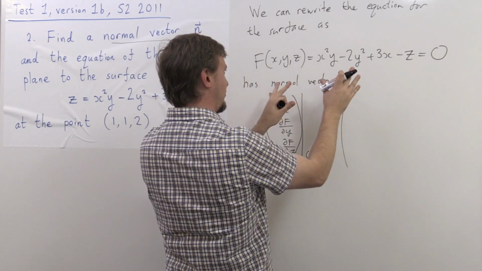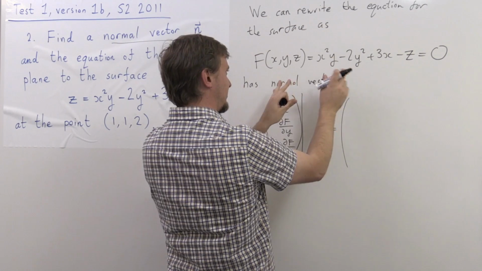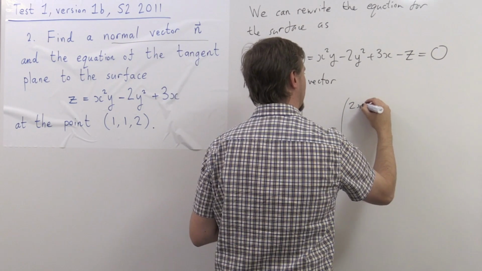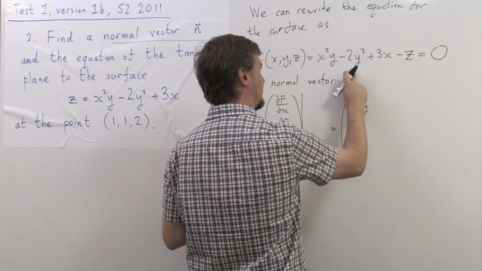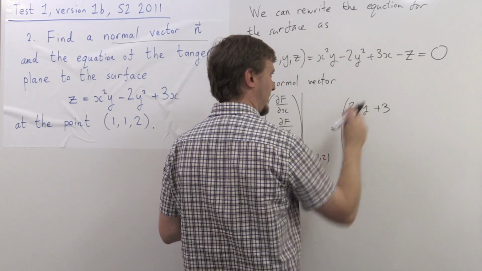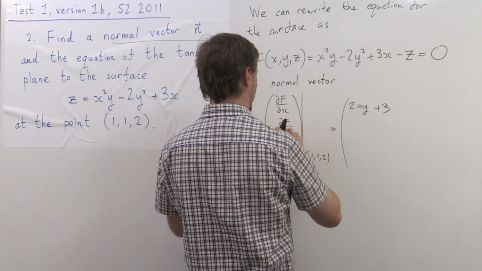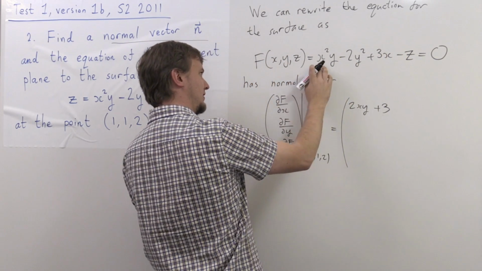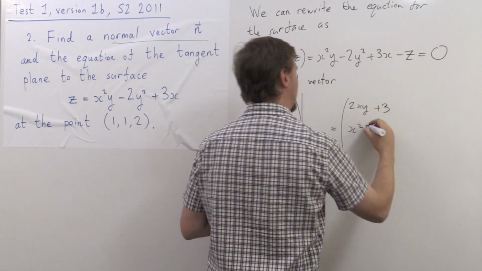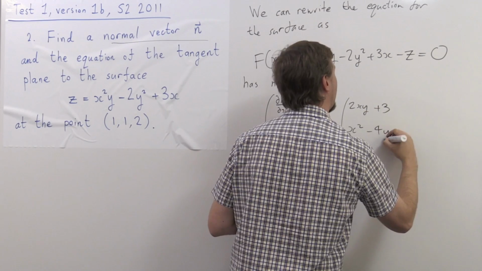Let's just take the partial derivative of this with respect to x. We get 2xy, that gives me a 0, that gives me a plus 3 and another 0. The partial derivative with respect to y gives me x squared minus 4y.